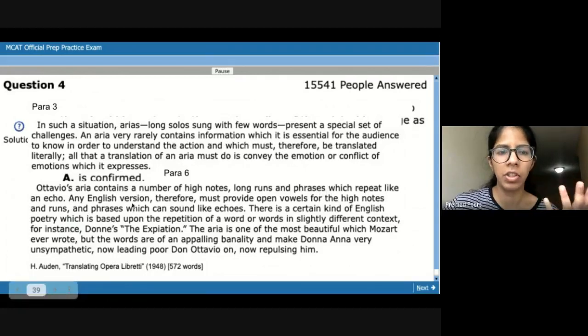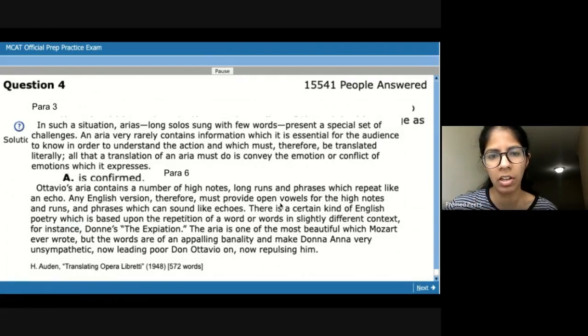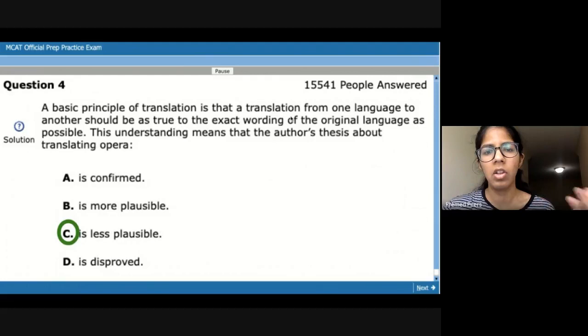But the English version, and this is a contrast, it's saying how in a different language, it must contain a different way of translation. So it's challenging the author's perspective, because the author says it's the emotion that you must capture, but then this question is saying the translation purpose is to be literal from language to language. Does that help?